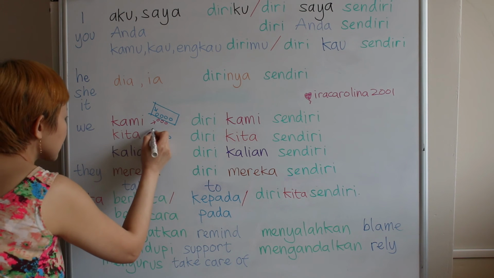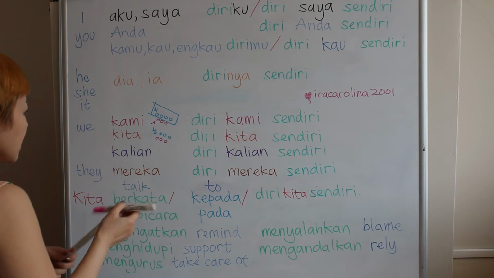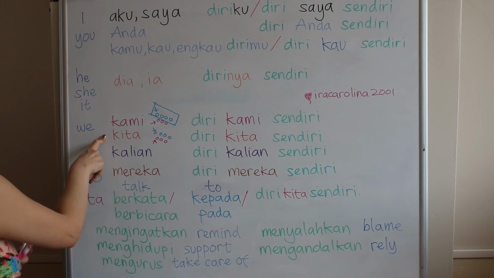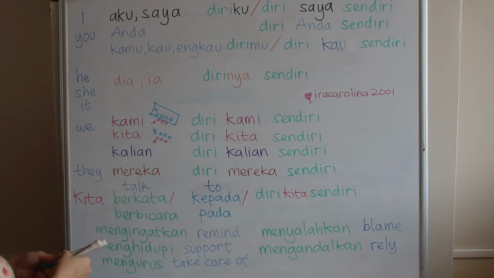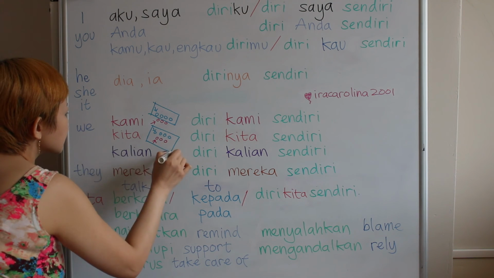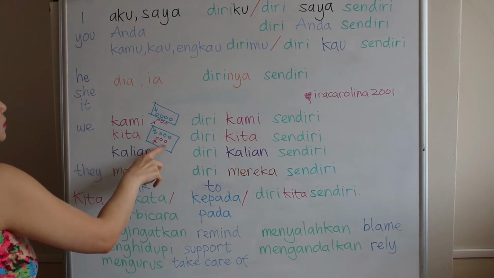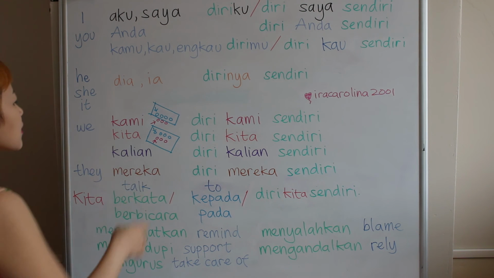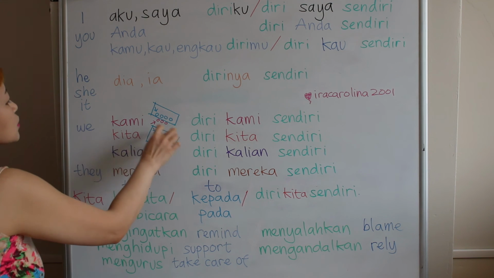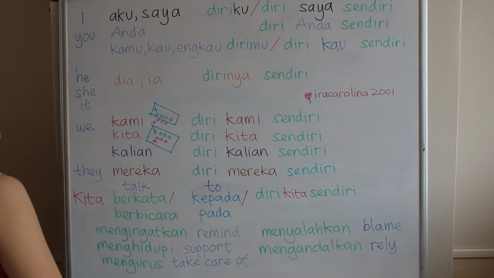But if the blue group say to the pink group, kita will go to the beach, it means all entire, the person who's been talked with or the groups who was being talked with also will go to the beach.